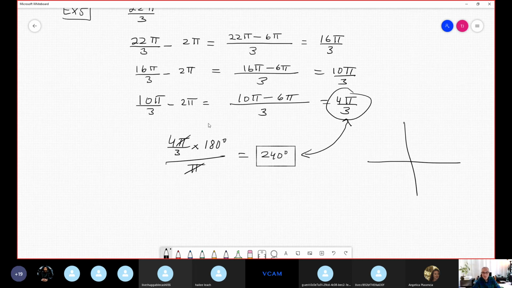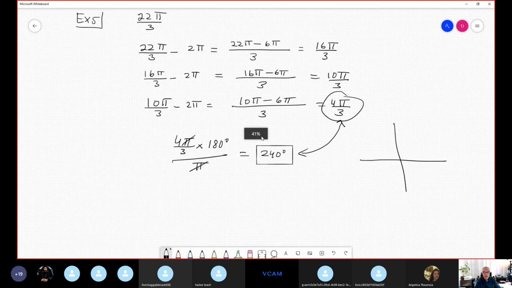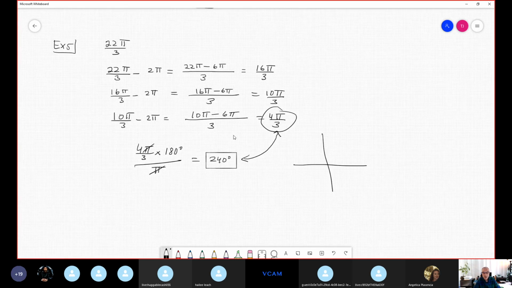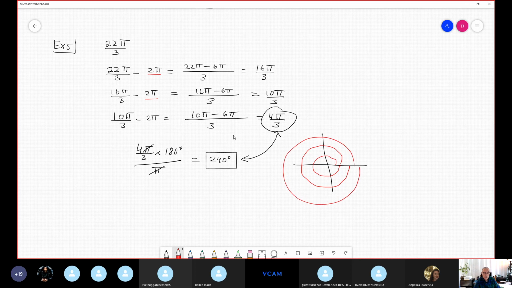So in this example, the original ugly angle 22 pi over 3 represents several revolutions: you subtract 2 pi, one revolution, again, two revolutions, again, three revolutions, and when you finish, you lie in the third quadrant.